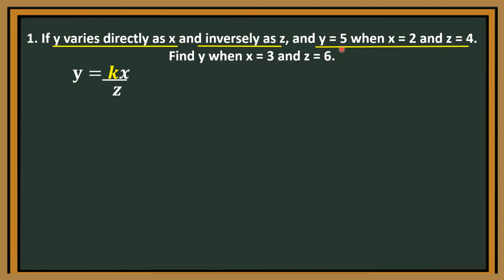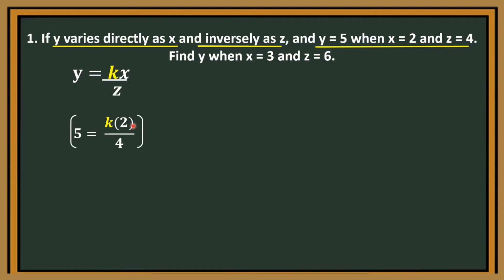Next, y is equal to 5 when x is equal to 2 and z is equal to 4. By substitution, we're going to substitute 5 for y, 2 for x, 4 for z. So that is 5 is equal to k times 2 over 4. And then solve for k by multiplying both sides by the reciprocal of 2 over 4.